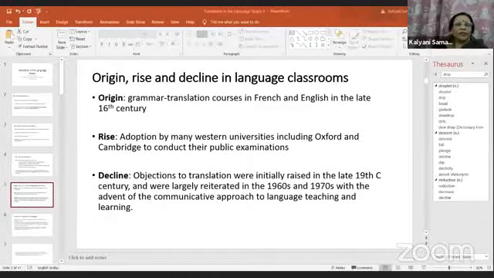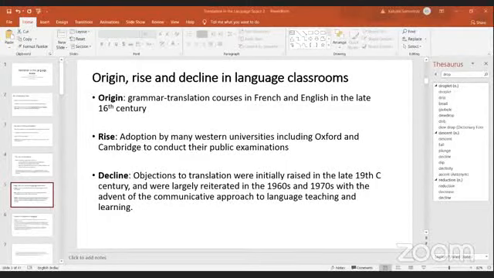So far as the origin is concerned, in the modern times, the first translation course in English was mentioned as grammar translation course, because there was a lot of focus on grammar in this kind of teaching courses. So the first grammar translation course was published in 1793, and this followed a model of a course in French published in 1782.